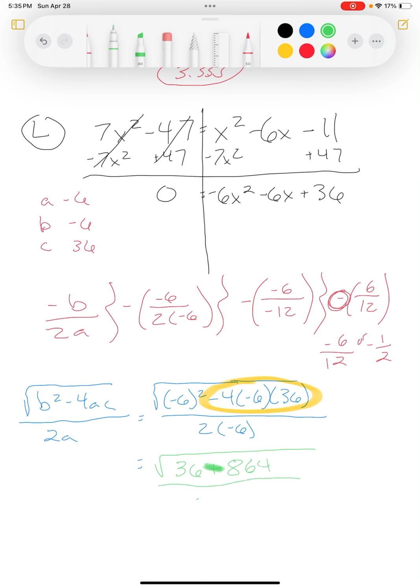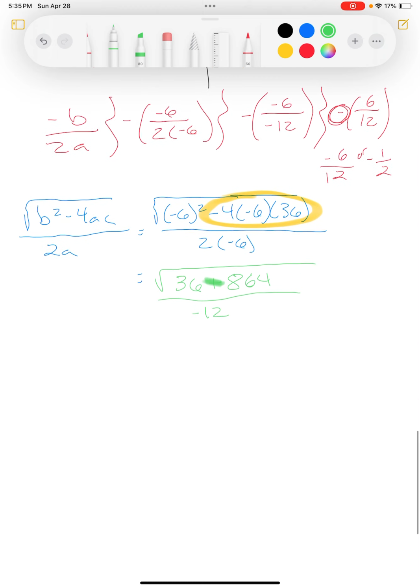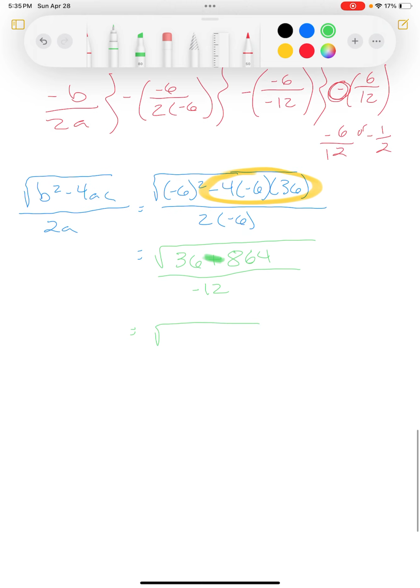And that's all on top of -12. 36 plus 864 is 900 on top of -12. The square root of 900 is 30. So this is 30 over -12.